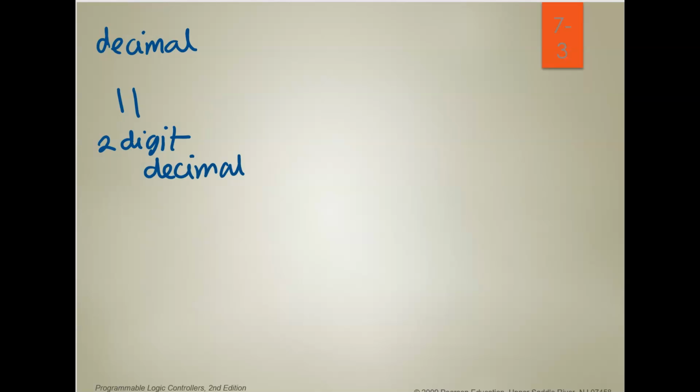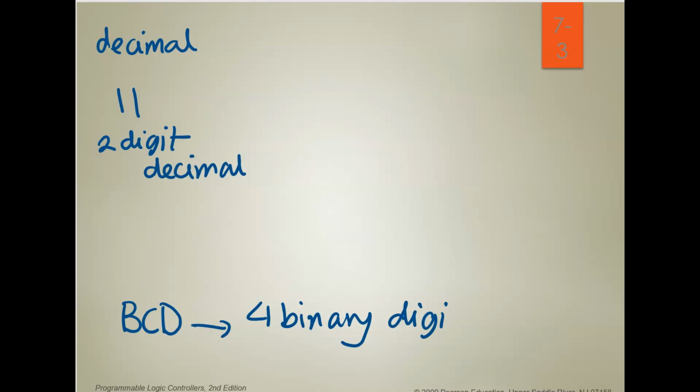decimal number. And based on the definition of binary coded decimal, which tells us that for binary coded decimal, we need 4 binary digit for each decimal digit.